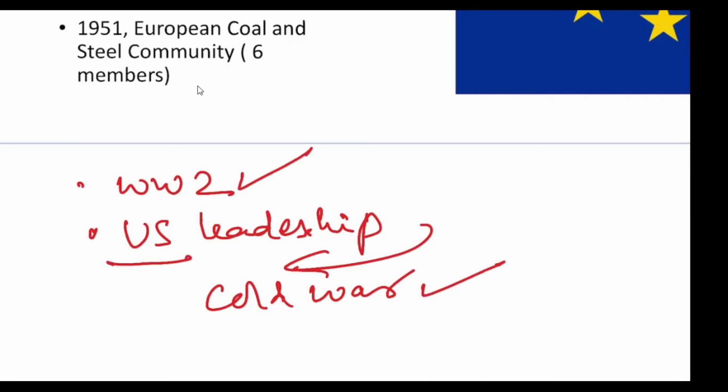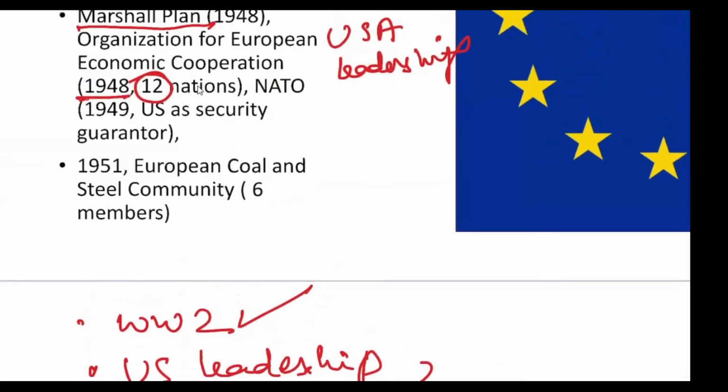So it is in this context that European nations were willing to coordinate their activities. They started with the European Coal and Steel Community in 1951. Why is this important?